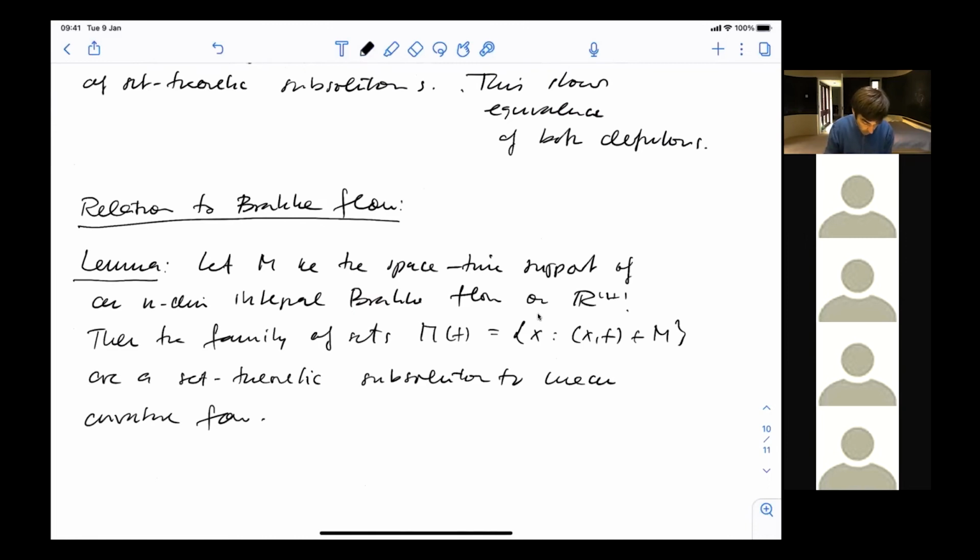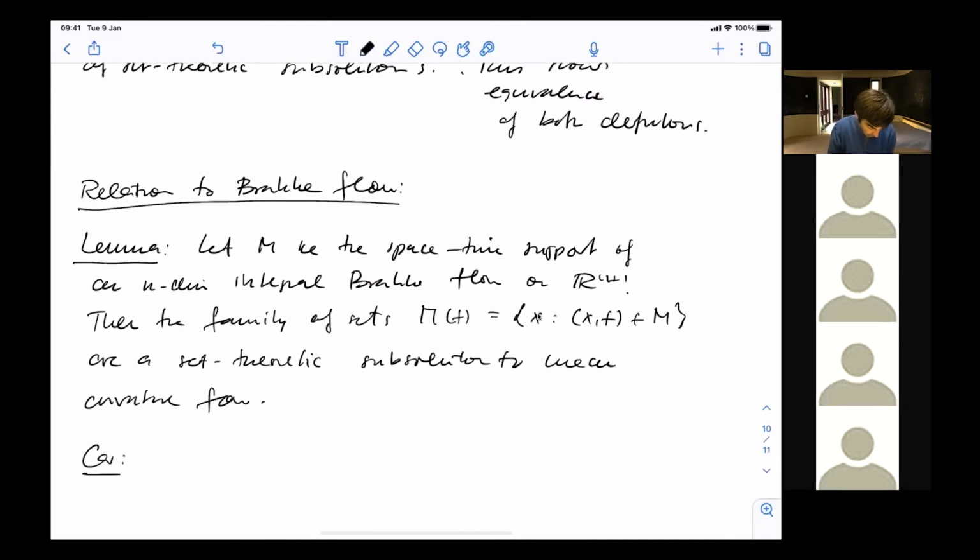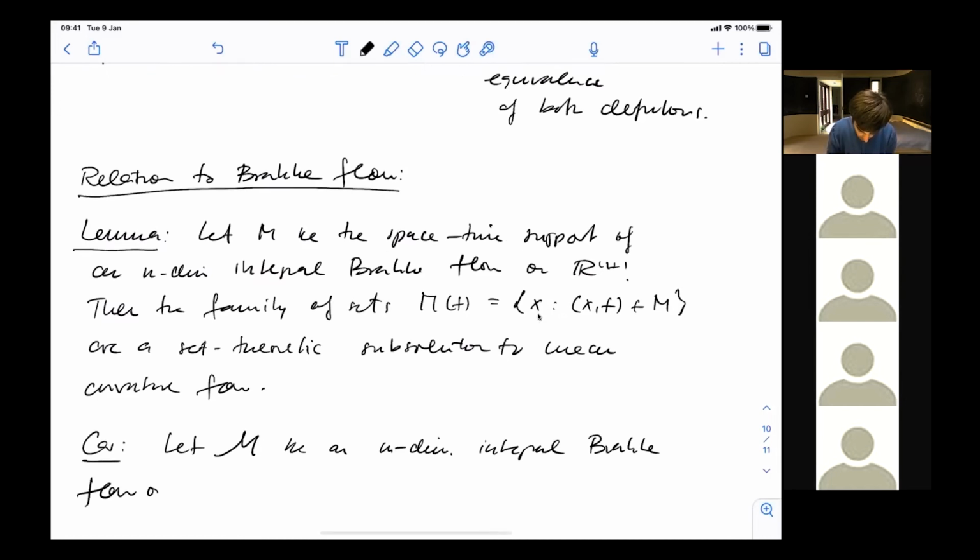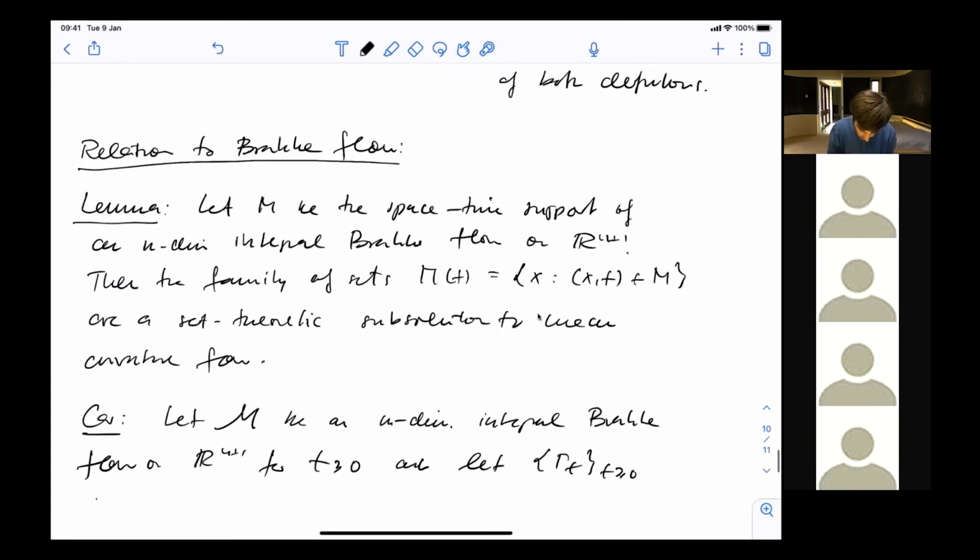Okay, now what is the corollary of this? We take a Brakke flow, script M, an n-dimensional integral Brakke flow on R^(n+1) for t greater or equal than 0, and we take a level set flow Gamma_t.